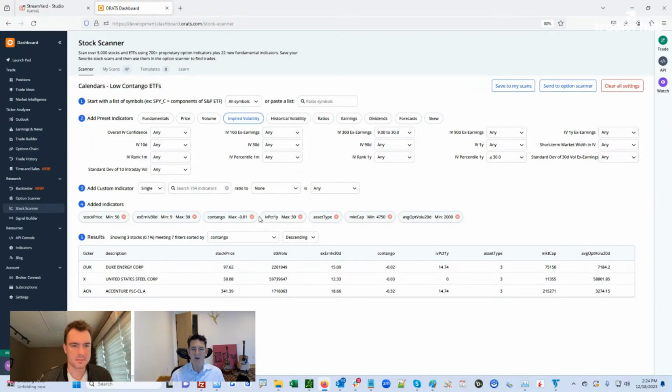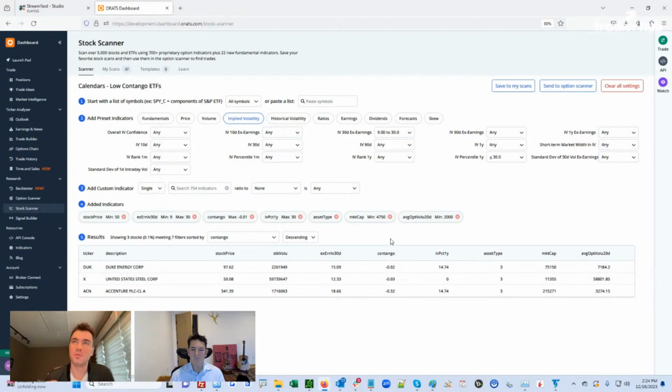So that's how I would do it, and identify relatively large stocks that have negative contangos. Not a lot of them do right now because, in the market right now, when volatility is somewhat subdued, it's going to be more subdued in the front. So it's hard to find contango stocks when the volatility is this low.